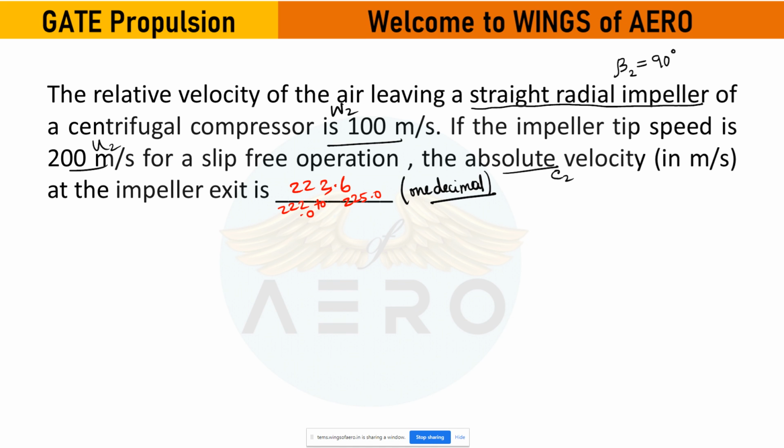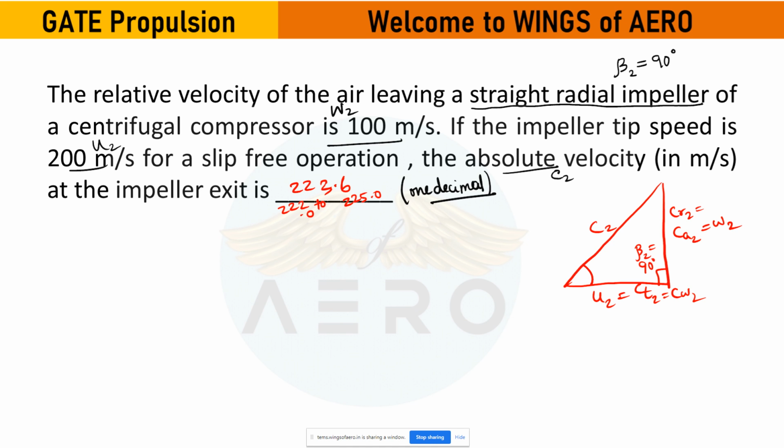Let me give a recap of how to find it. When a radial impeller is given, beta 2 should be 90 degrees, and if beta 2 is 90 degrees, then CA2 equals CR2, and U2 equals CT2 or CW2, whatever it is.